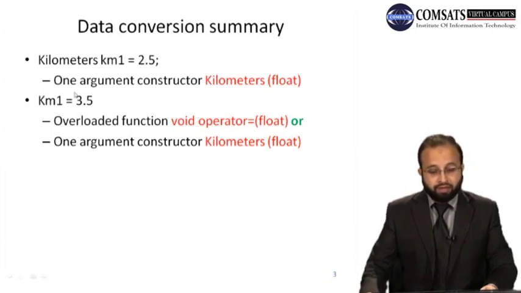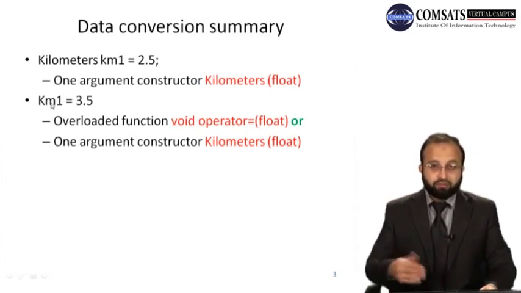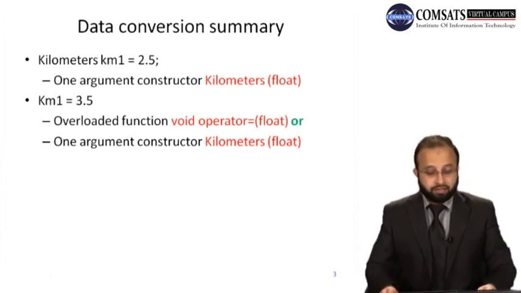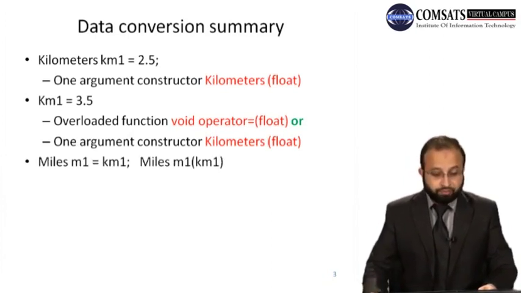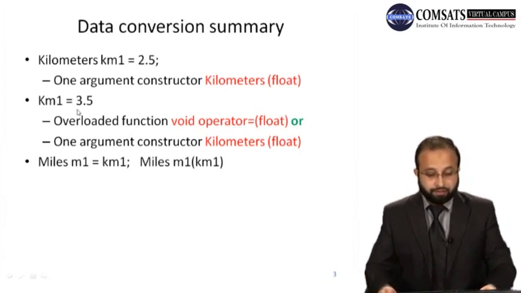Because it passes this value to a constructor, and you have to provide this constructor in the kilometer class. So you pass this value 3.5, it will create an object and then that object will be assigned to km1. So 3.5 basically gets assigned to the private data member of km1 in this way. So you have to provide these two things, otherwise you cannot perform this conversion. We will see an example of this by running the code shortly.